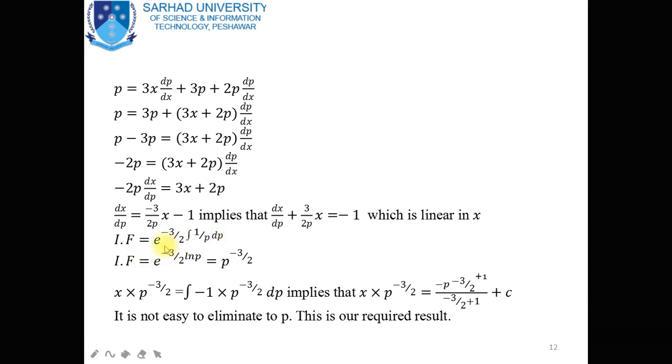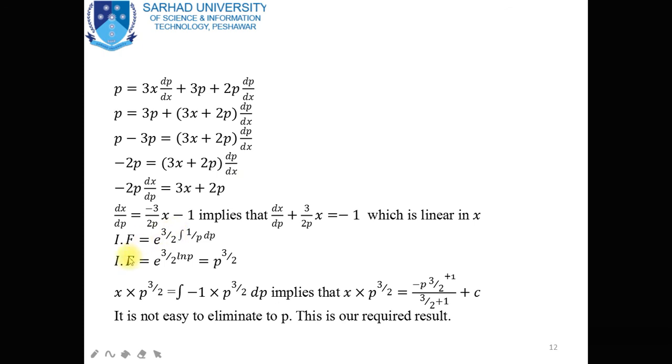The integrating factor will be equal to e power 3 by 2 into the integration of 1 over p with respect to p. Now the integrating factor is equal to e power 3 by 2 natural log of p, and this is equal to p power 3 by 2.